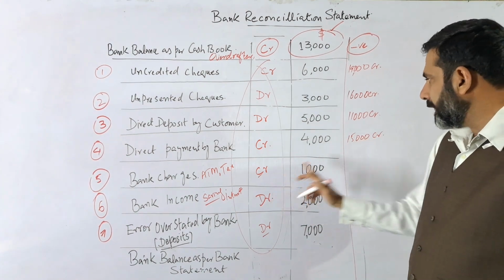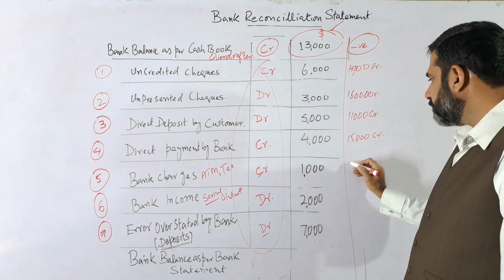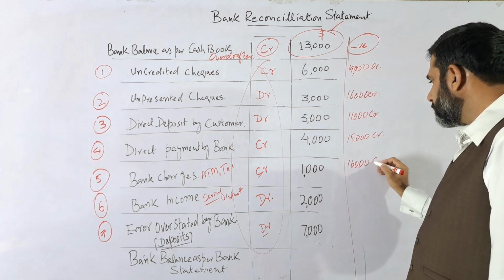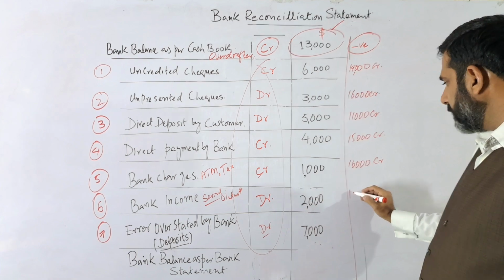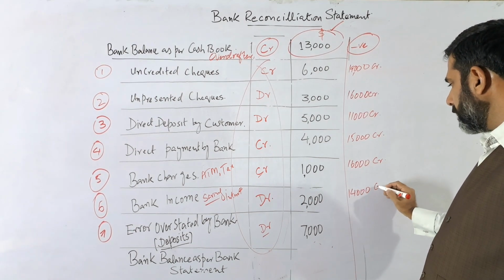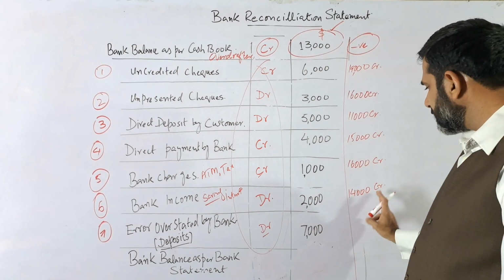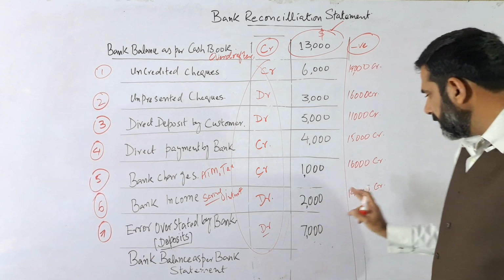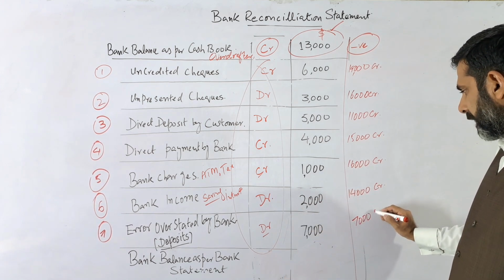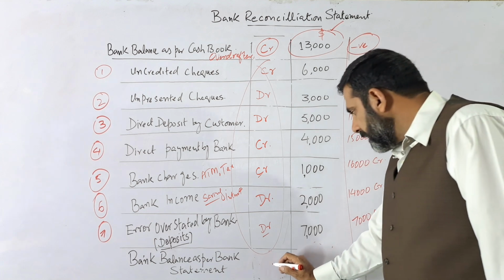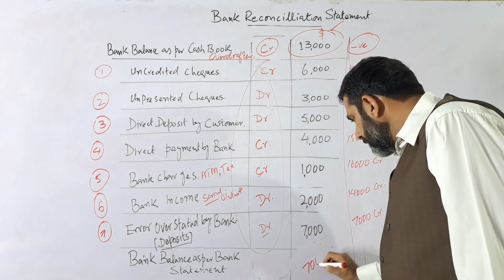Now this is also credit, so 15 plus 1, so it will be 16,000 credit. So this is debit, so we have to minus it, so it will be 14,000 on the credit side. And the last one, this is credit and this is the debit. It means that is the 7,000 balance, and that will be credit.